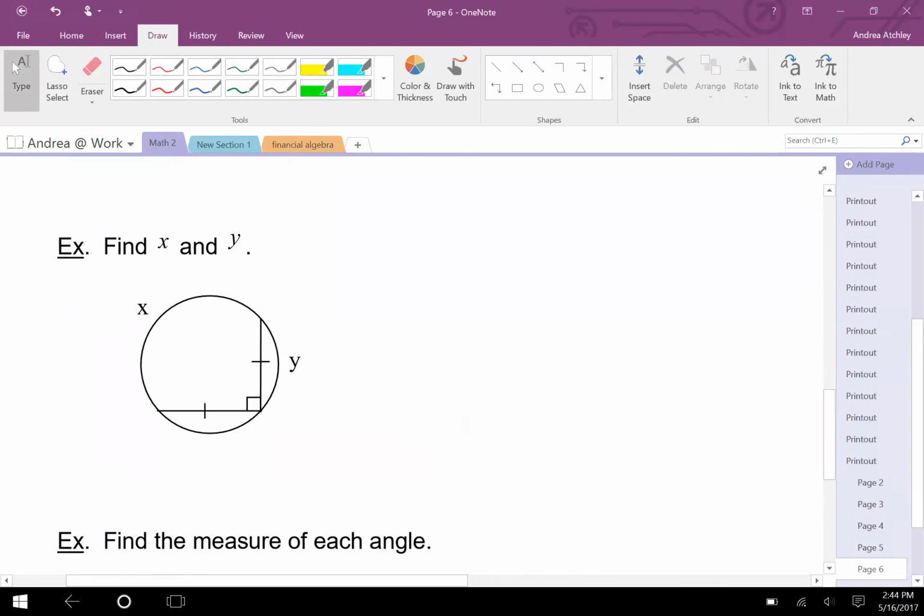Okay, find x and y. This is an inscribed angle. So that makes this arc twice as big. So this is 180. That also makes this side of my circle also 180. Since my two chords are congruent, my two arcs are also congruent.